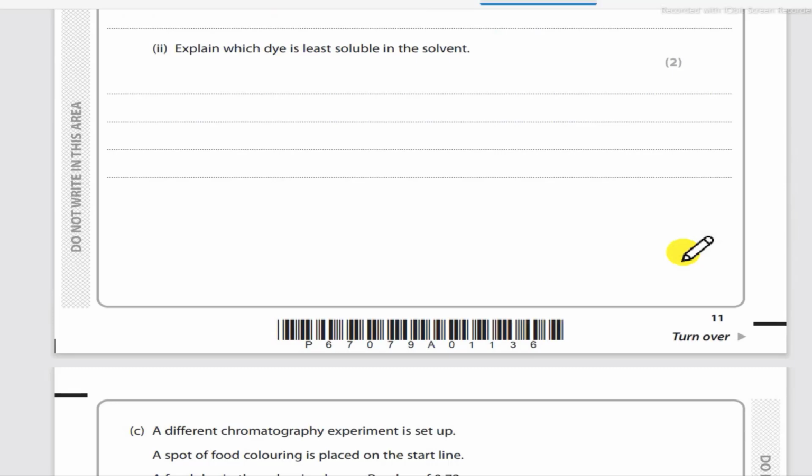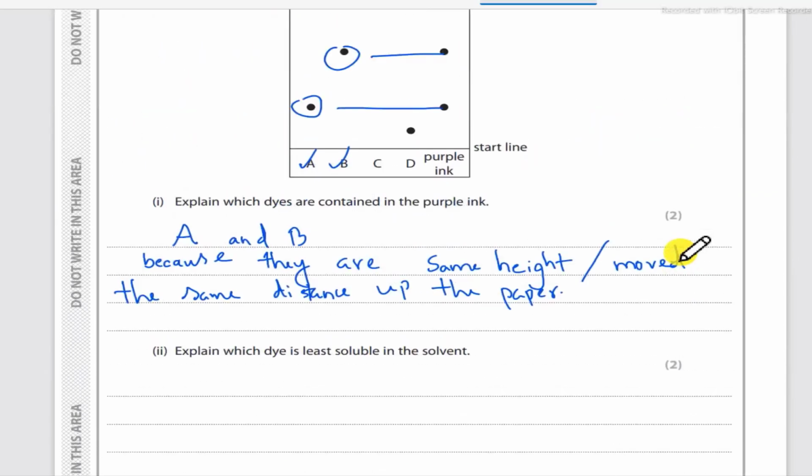Explain which dye is least soluble in solvent. D. Because the spot is closest to the start line.